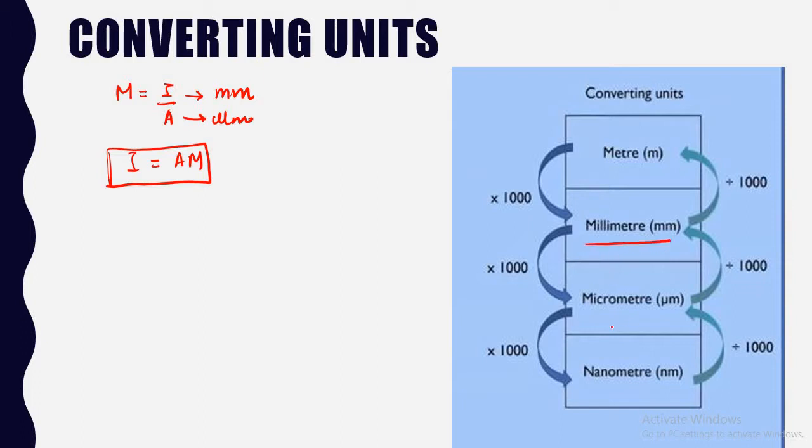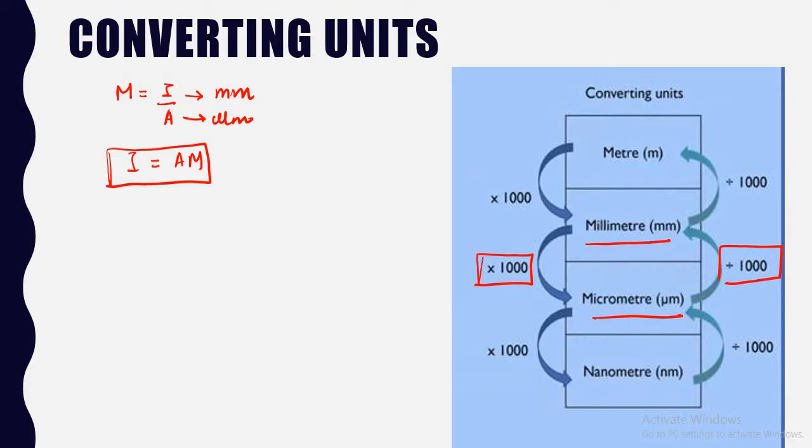Generally millimeters to micrometers are used. So whenever you are going from millimeters to micrometers, you multiply by 1000. And whenever you are going backward, that is from micrometers to millimeters, divide by 1000. You can just remember the arrows: when it goes down, you multiply; when it goes up, you divide.